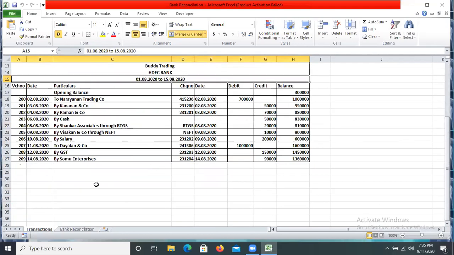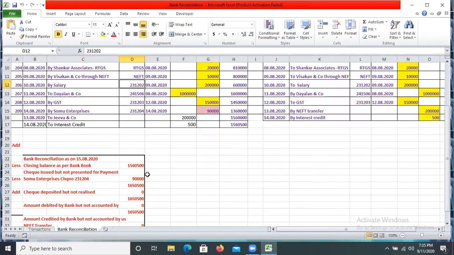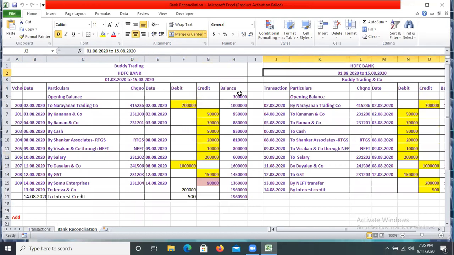Now we are going to do a reconciliation of a bank statement. We are going to match our books with the bank statement. It has to be reconciled. So we have to find unreconciled items. We might have issued a check, but it has not got debited in our bank account.